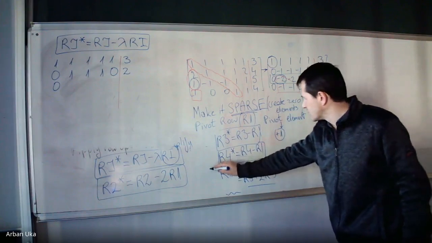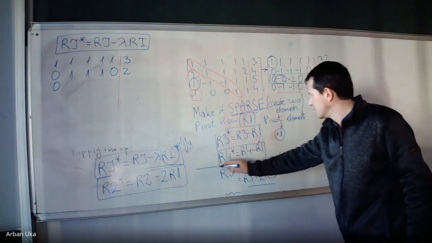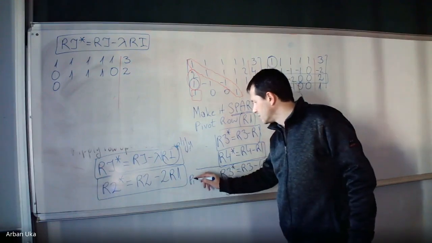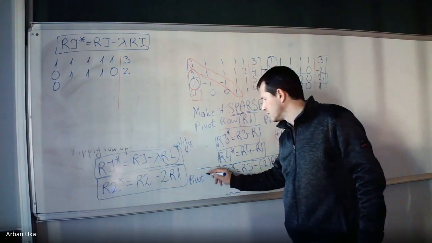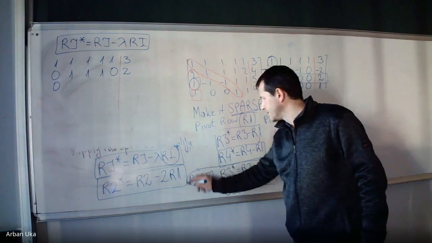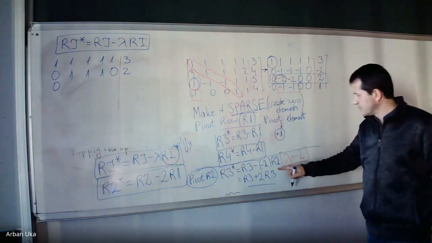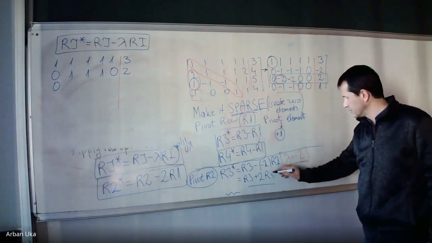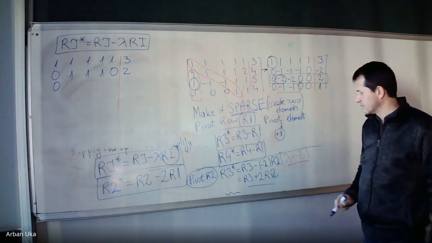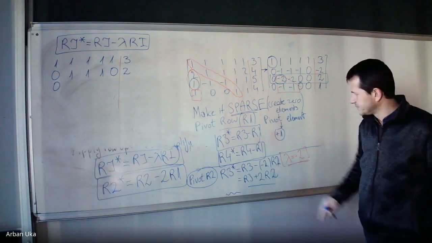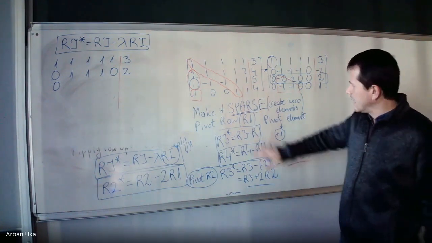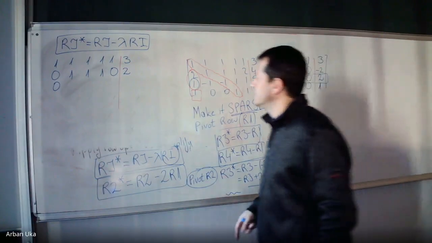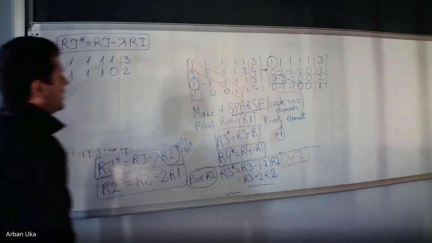So from this stage on, here, pivot is row 2. So this is plus 2R2, I think, wait, this is another mistake, 2. Okay, now it looks better. So up to this part, we had the row 1 as a pivot, as a reference with which we modify the other elements. So let's move on.